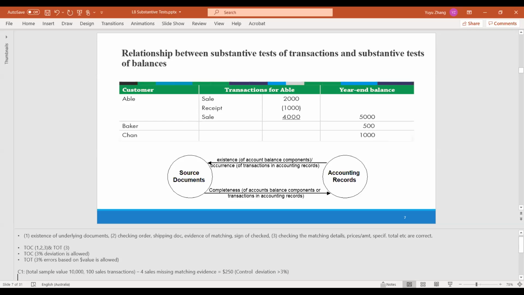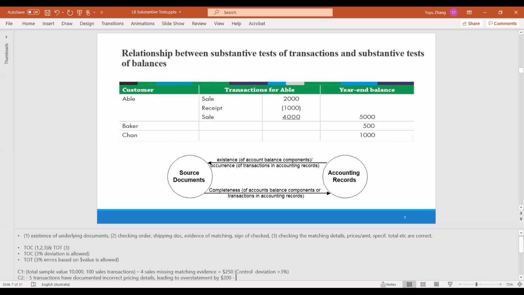Okay, case 2. So still in this one, no missing documents. All evidence has been matched. However, when you inspect the documents, 5 transactions have documented incorrect pricing details, leading to overstatement by $200.